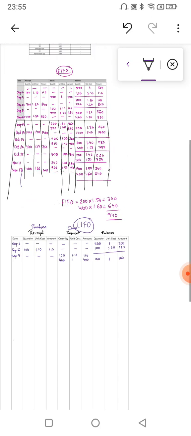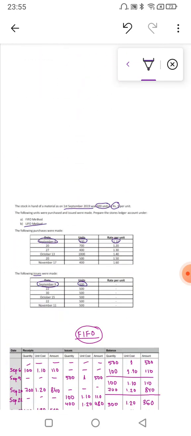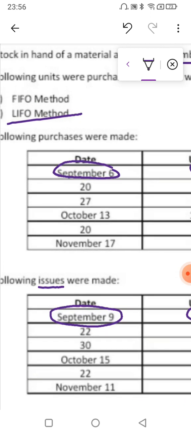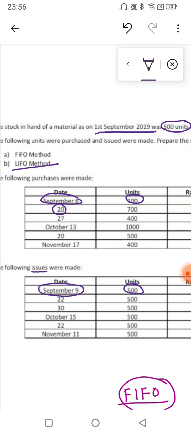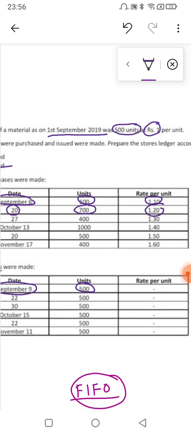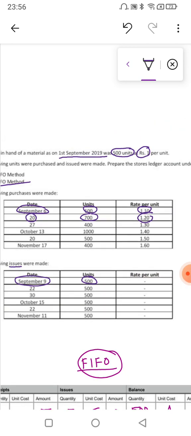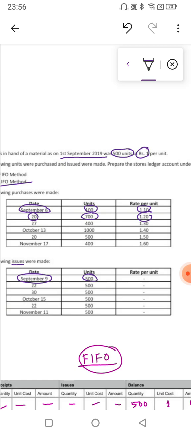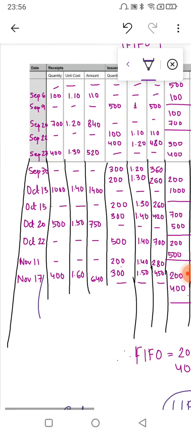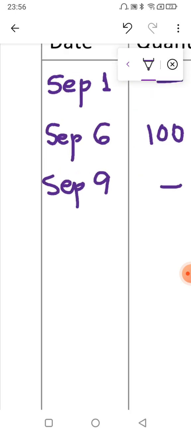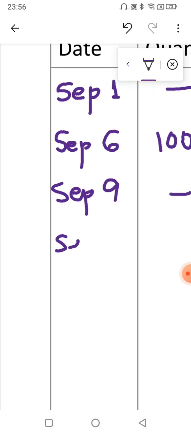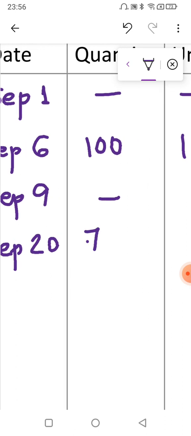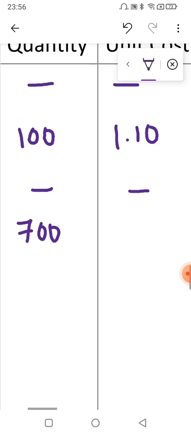Now we are going to move to the next date after September 9 that we have, that is September 20. September 20, 700 units and the rate per unit being 1.20. So September 20 and 700. Recorded September 20, purchases were made for 700 units and the rate was 1.20.